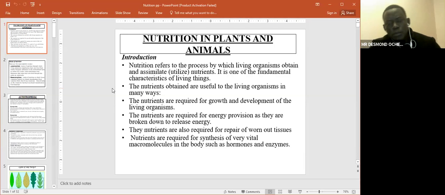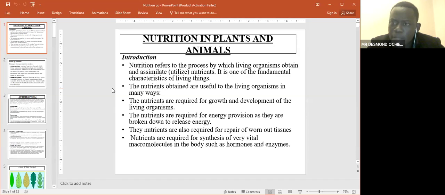Apart from that, the nutrients that are acquired and utilized by organisms are also required for the provision of energy as they break down to release energy. Once the living organisms have acquired nutrients, they break down the nutrients to release energy. And this is made possible by a process called respiration. Respiration is another characteristic of all living organisms.